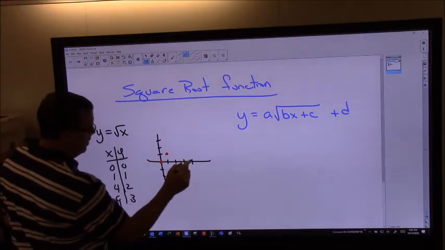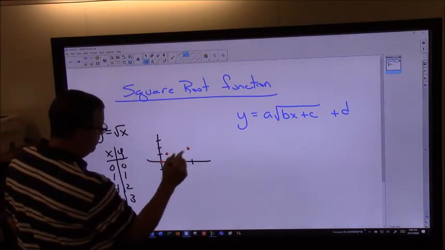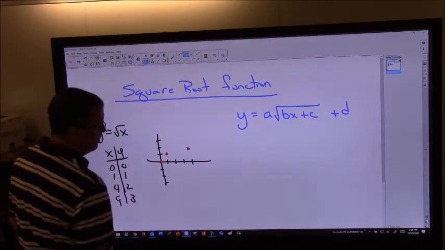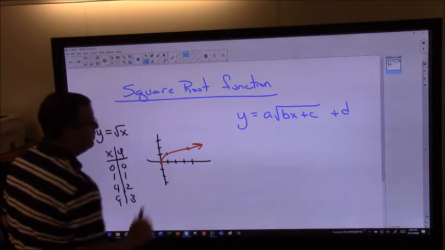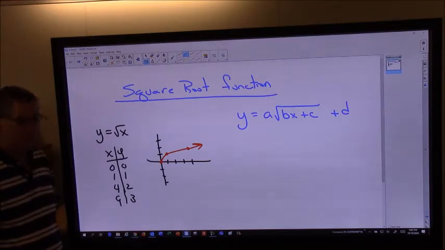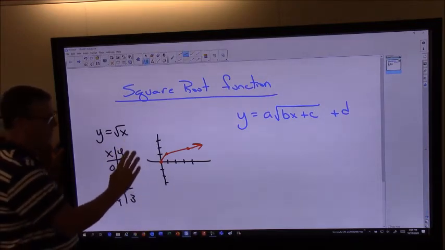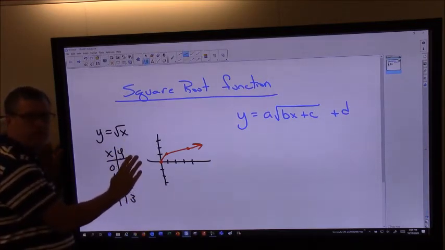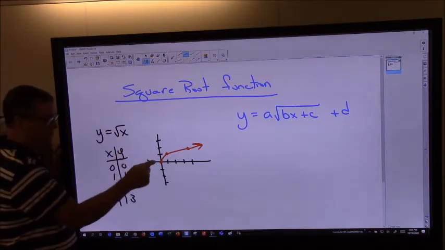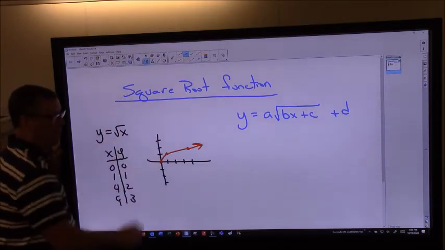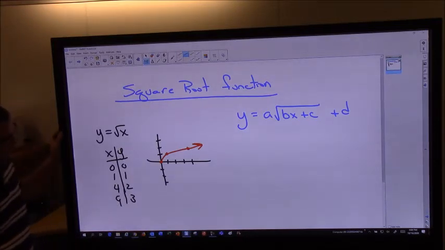And (4, 2) would be right about there. (9, 3) way out here somewhere. And so this graph looks like that. There's nothing over here in the negative area for the x-axis because you can't take the square root of a negative number. It starts at 0 and it goes off in that direction.